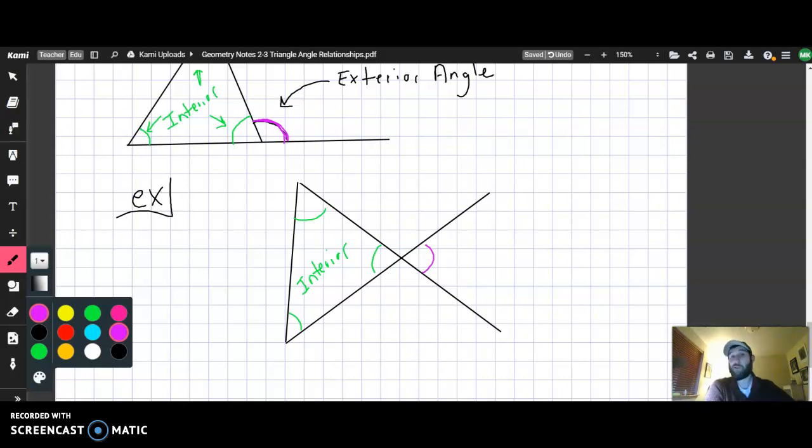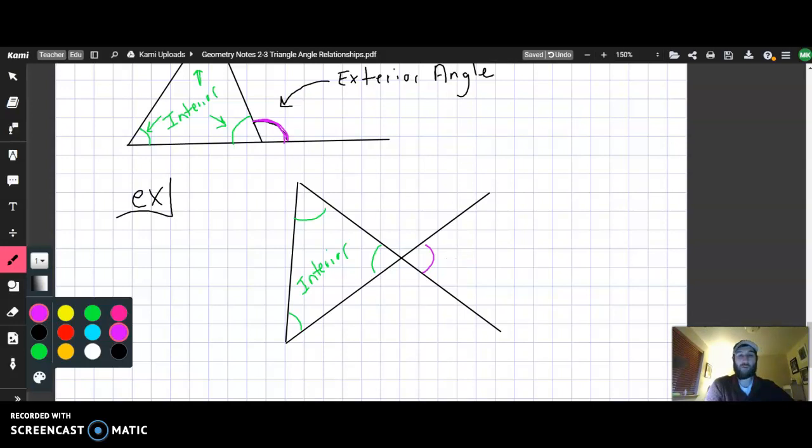Is it outside the triangle? Yes. But based on our description from before, the exterior angle is only formed by one extended side, and this vertical angle is formed by both lines being extended, not just one.